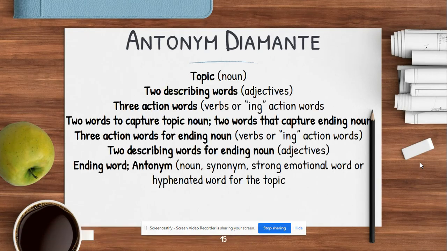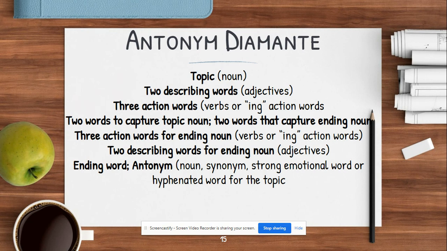Your second poem of the day is the antonym diamante. This one's actually one of my favorites. Sometimes it can be hard, but I love it. So it's the same layout. You have the topic, which is a noun. Then you have 2 describing words, adjectives, 3 verbs, 2 words that capture the topic noun.